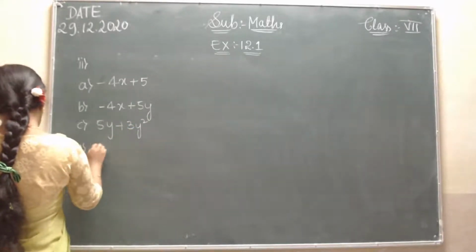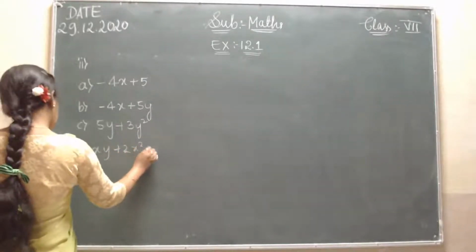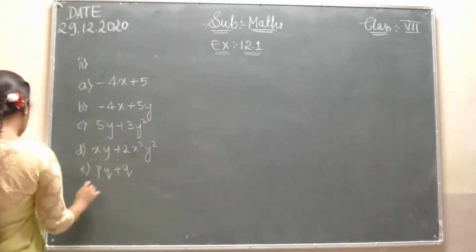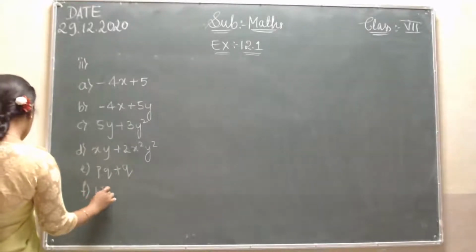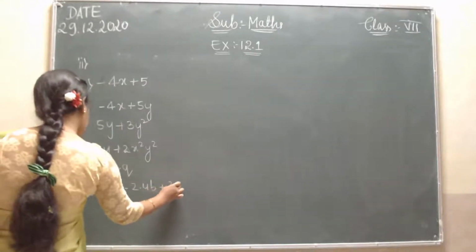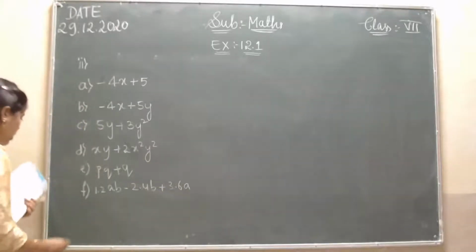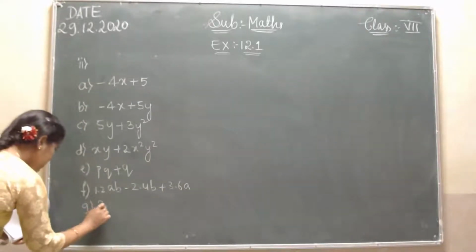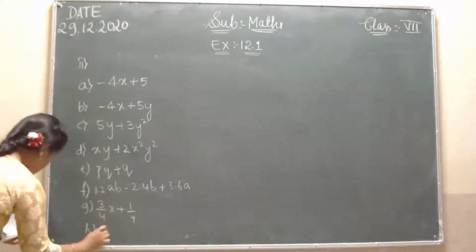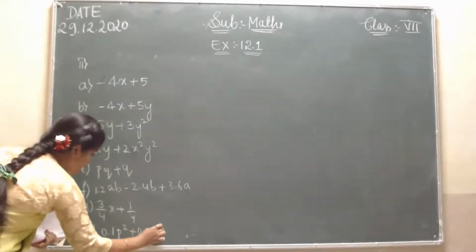D, xy plus 2x square y square. E, pq plus q. F, 1.2 AB minus 2.4B plus 3.6 A. So these are the questions, and G has also been given here. G, p by 4x plus 1 by 4. H, 0.1 P square plus 0.2 Q square.